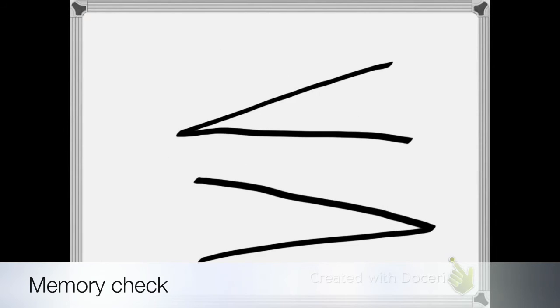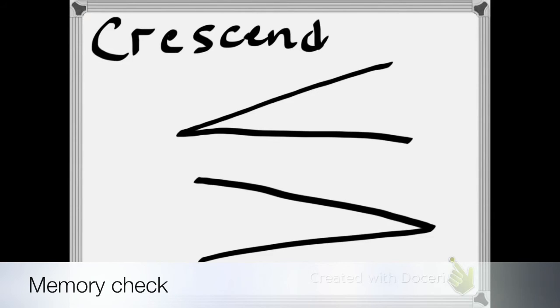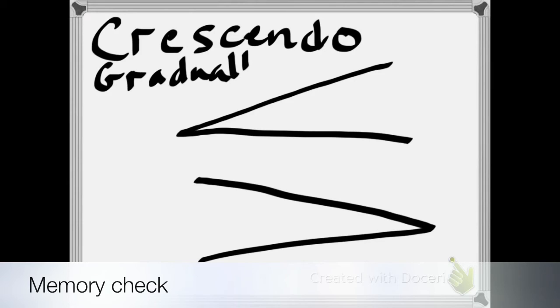Okay, so you wrote down all those terms. Now let's look at the last two terms. What does this top symbol, what is it called? Yeah, it's called a crescendo. Record this into your agenda also. The crescendo means to gradually, not at one time, but gradually get louder.